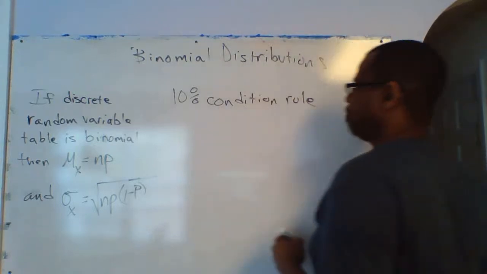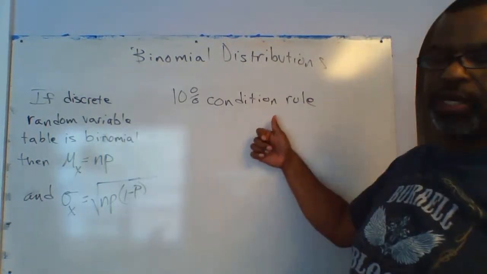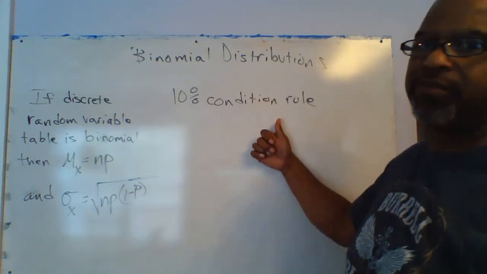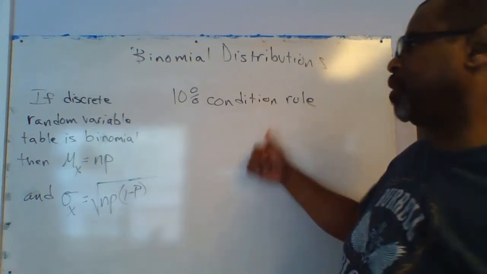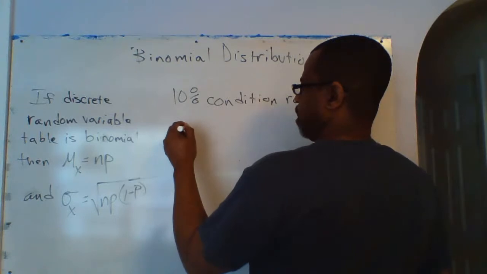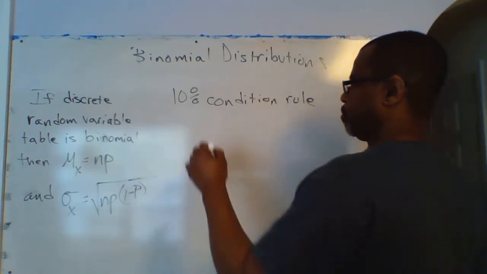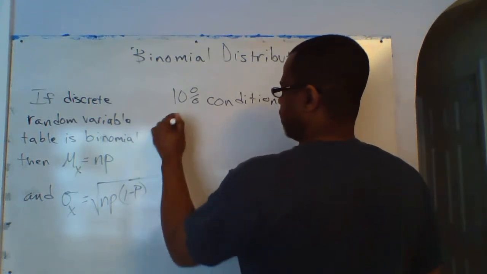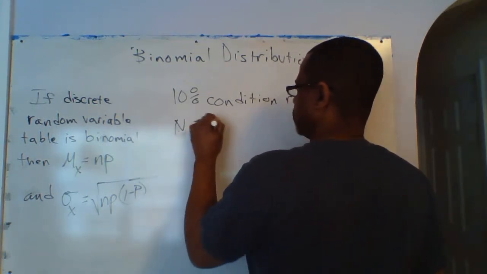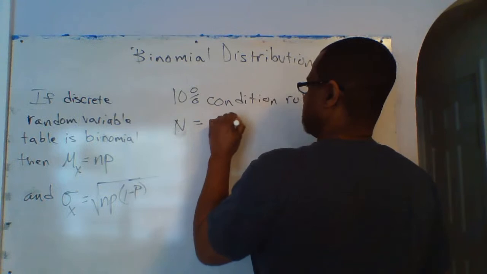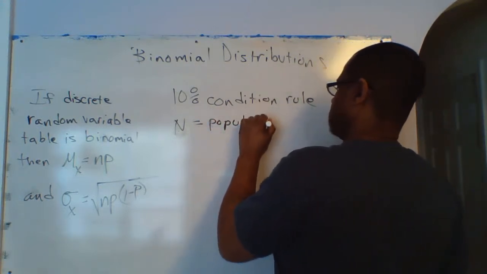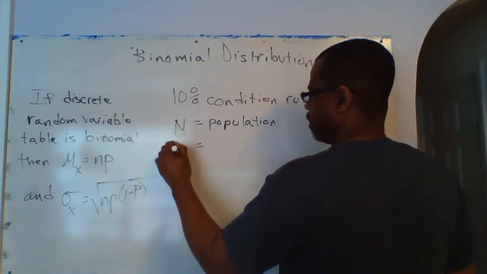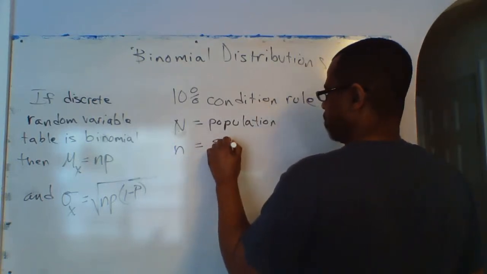We're building on this, so we're going to use this for the rest of the semester. Capital N is your population. Lowercase n is your sample.